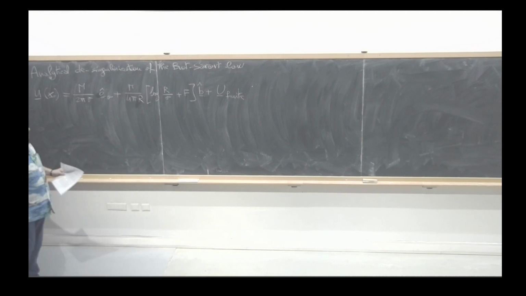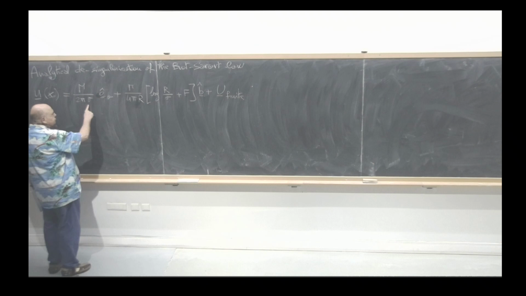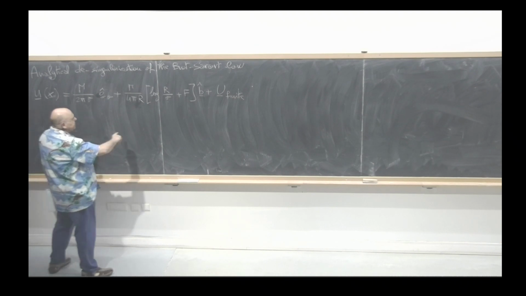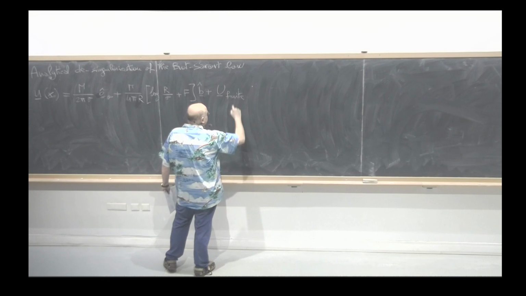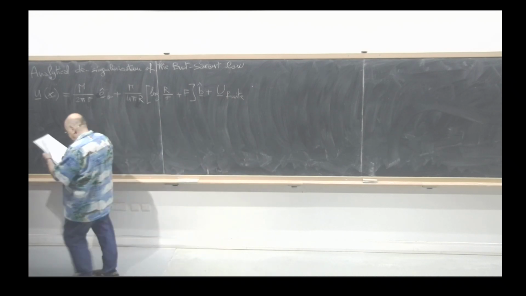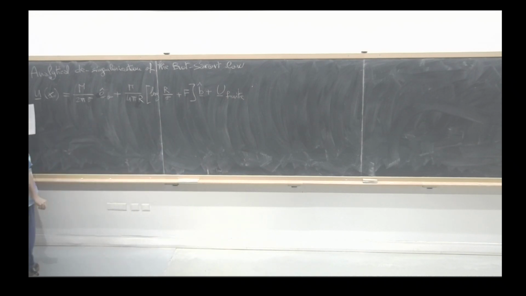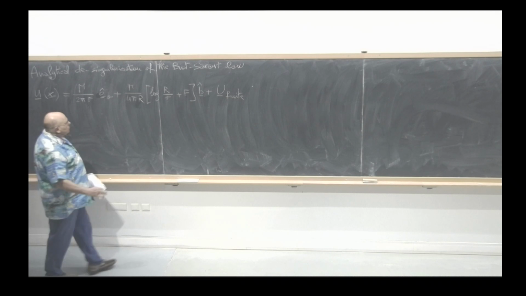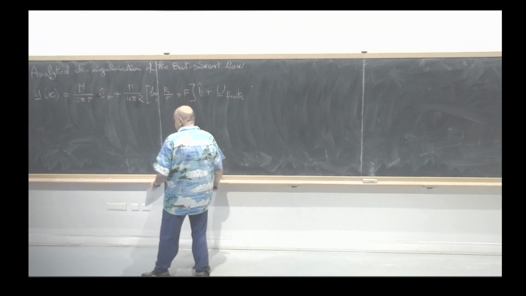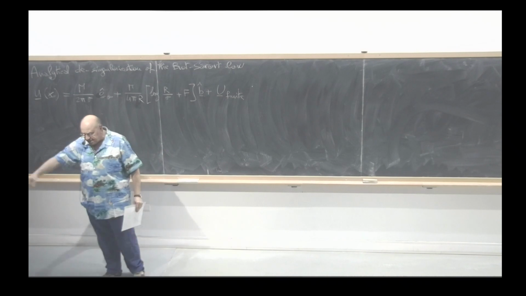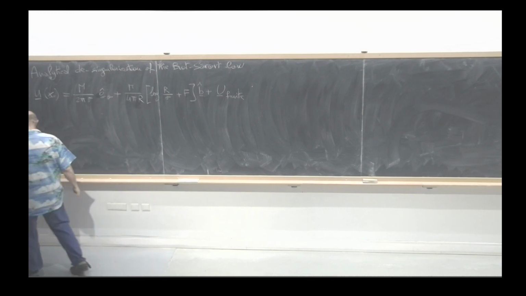And then, because this does not contribute to the drift of the vortex in the fluid, we focus on this part. But of course, also U finite, we have to evaluate that. Computationally, we focus on this, and the rest, U finite, is easy to evaluate because it doesn't contain any singularity.